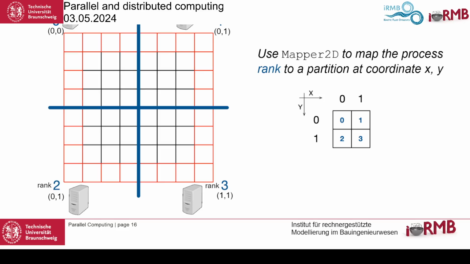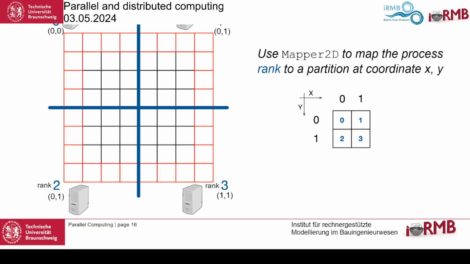Which means you have a system of certain size in space, and you cut this into pieces and you attach certain parts of the domain that you are simulating to different processes.